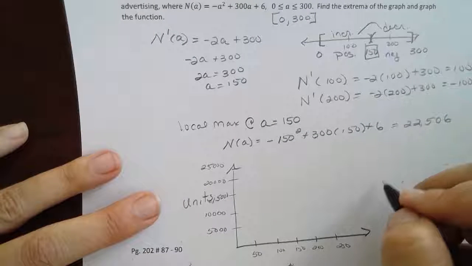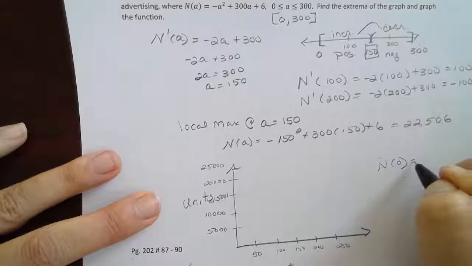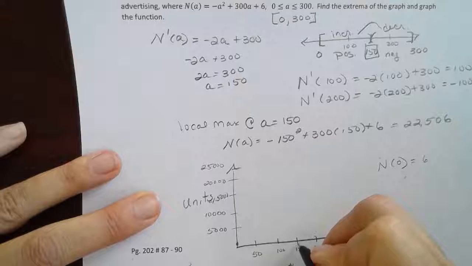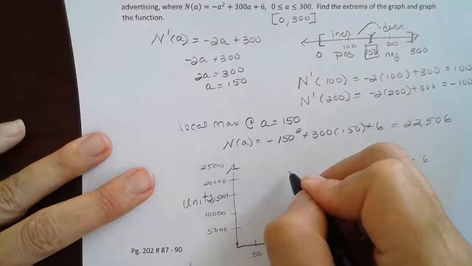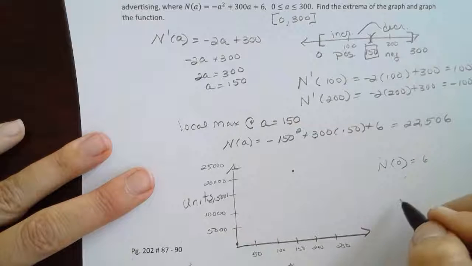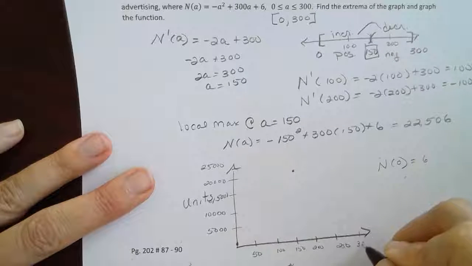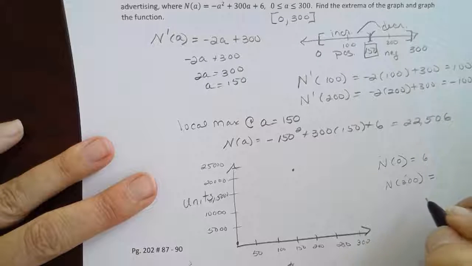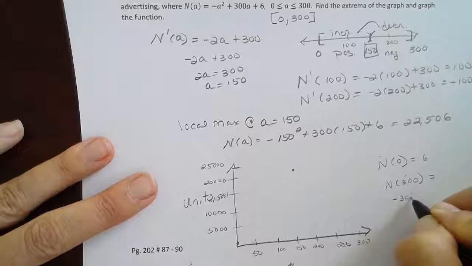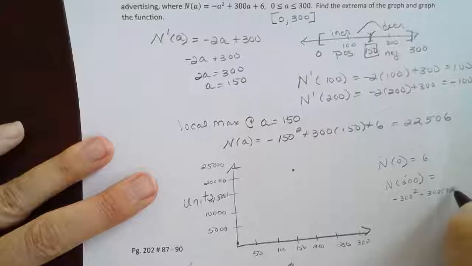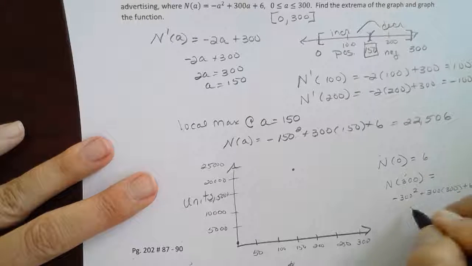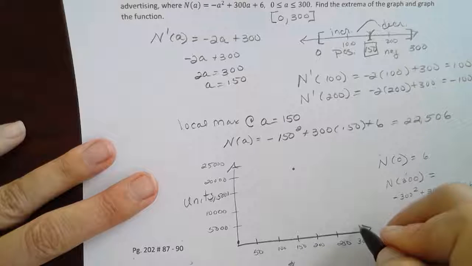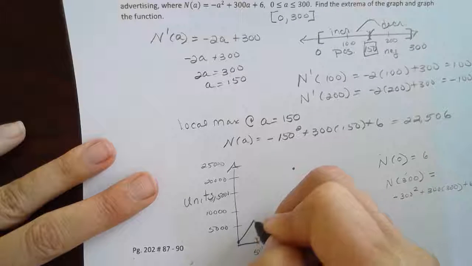All right, if we do N of 0, it will be equal to 6, so we're really close to the x-axis here. At 150, we know we're at 22,506, so approximately there. And then if we do one more line here, 300, that will equal, let's see, we're going to have to do negative 300 squared plus 300 times 300 plus 6, so negative 90,000, positive 90,000, those are going to cancel, plus 6, that's just going to be 6 again, so we're way down here again, and our graph does this.